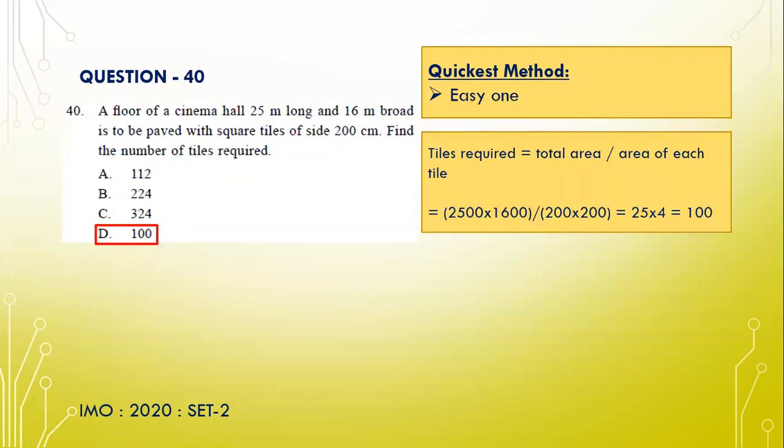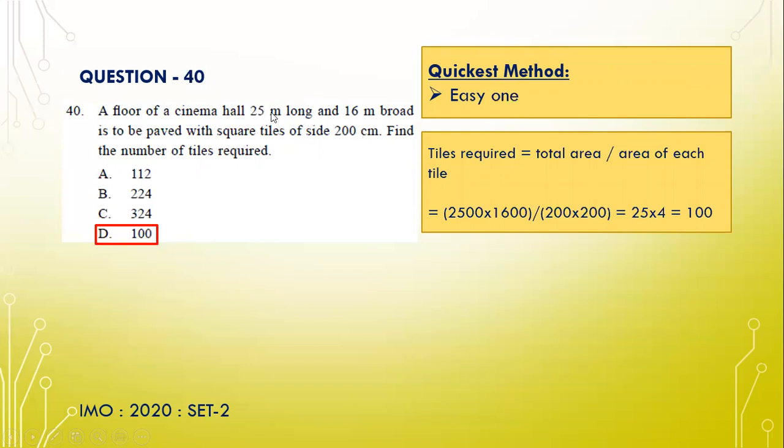Okay. A floor of a cinema hall 25 meters long and 16 meters broad is to be paved with square tiles of 200 centimeters. Find the number of tiles required. Again, easy question. So tiles required will be the total area of the hall divided by the area of each tile.